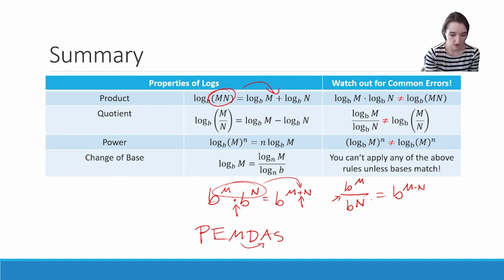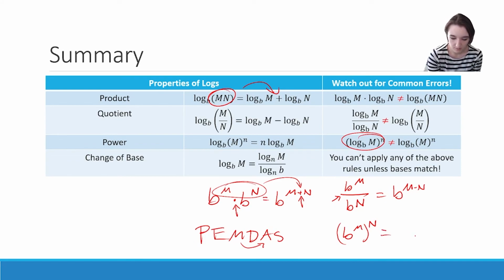And finally, our power rule is we have an exponent outside of our b to the m, and it becomes multiplication inside of our exponent. So we went from exponent down to multiplication, etc. So these properties really do relate to each other, they just kind of do the opposite.